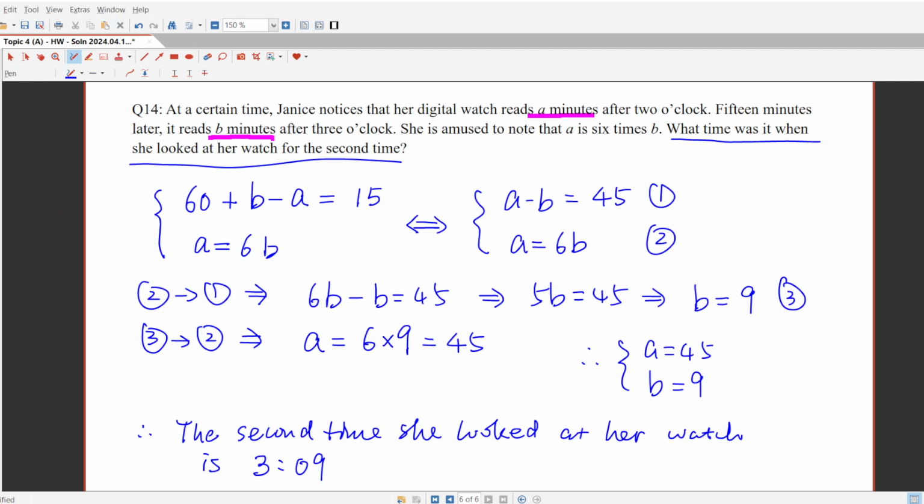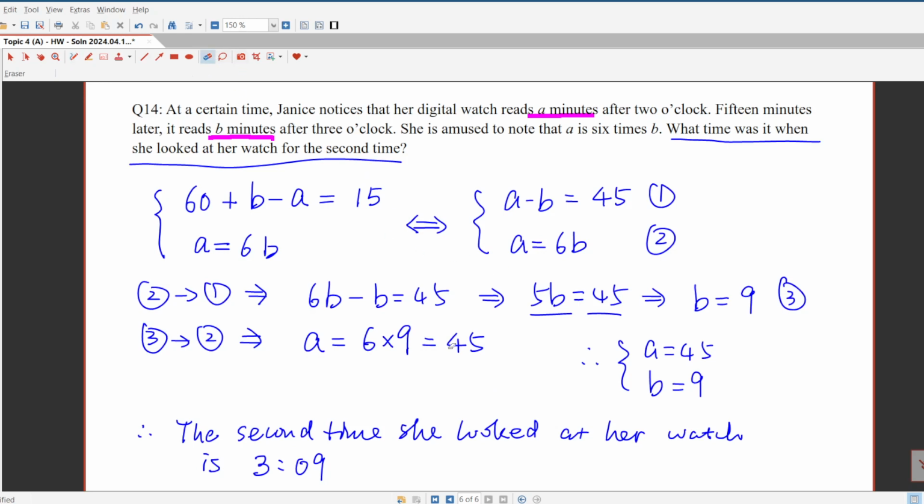Yeah, 6 by 9 is 54, but we have 5B equals 45 here, right? Oh, sorry.